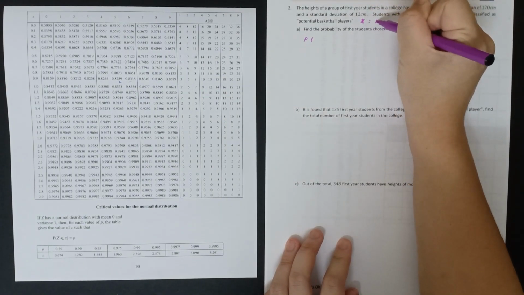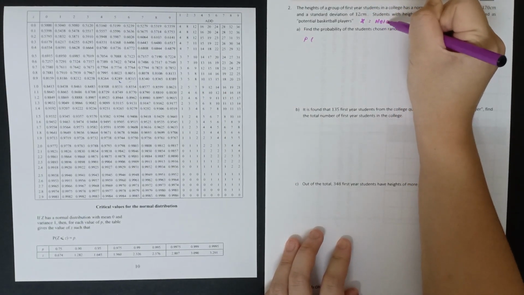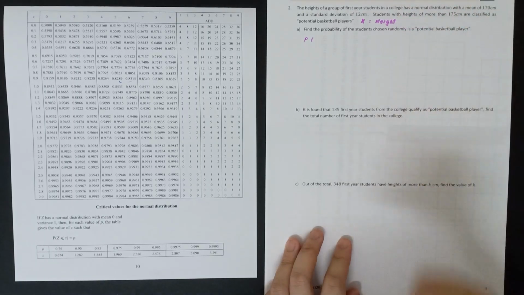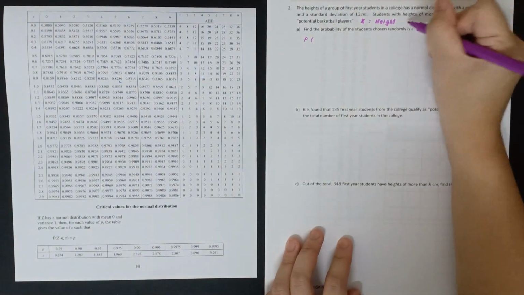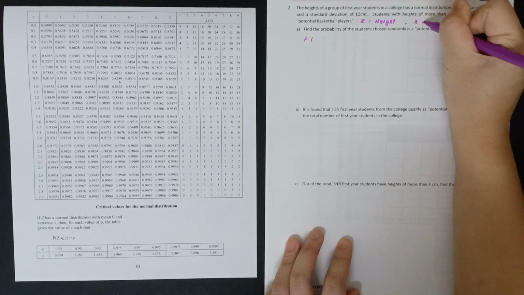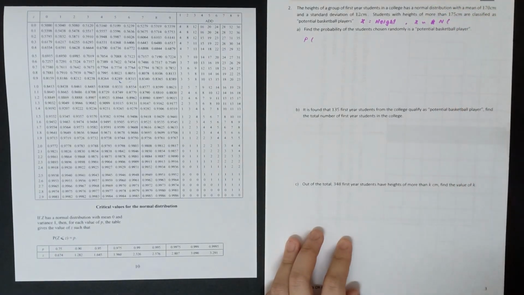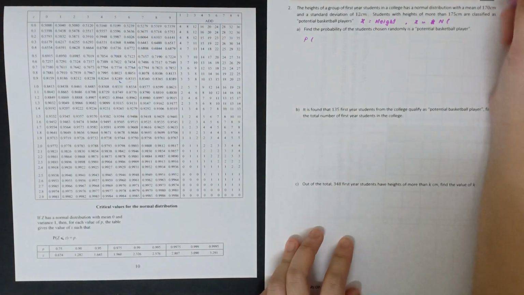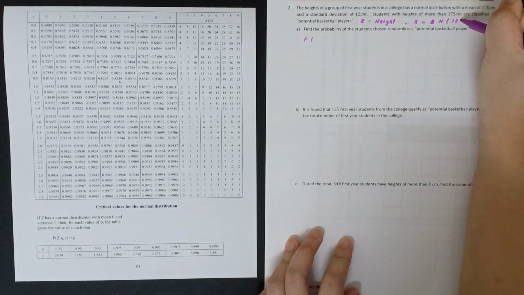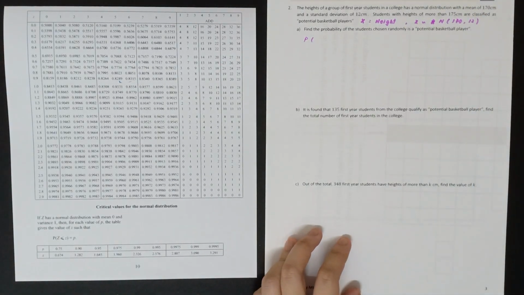The x is your height, the height of the students, which is your random variable. The height is normally distributed, your mean is 170, and your standard deviation is 12. This is how you denote your information here.